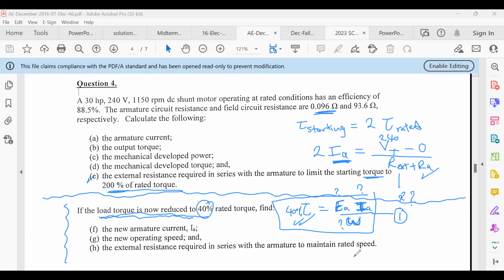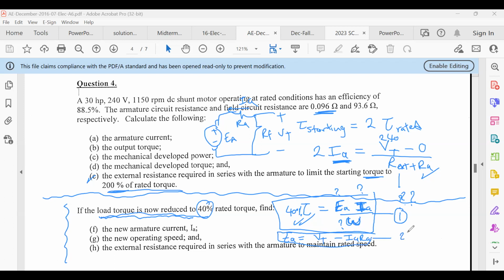The second one is from the equivalent circuit. You have the RF and you have the RA, and this is the EA. You have one equation here. This is the IA. EA, small or capital, it doesn't matter, equals V terminal minus IA RA.